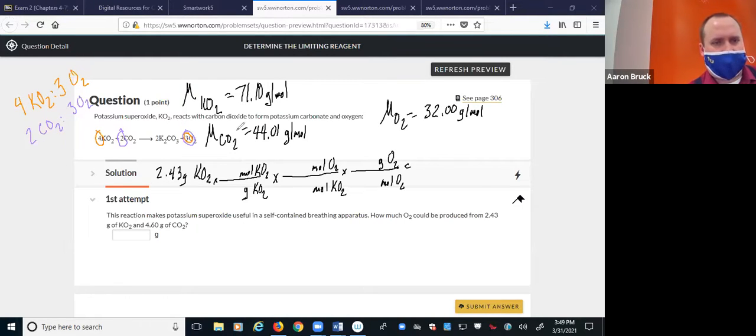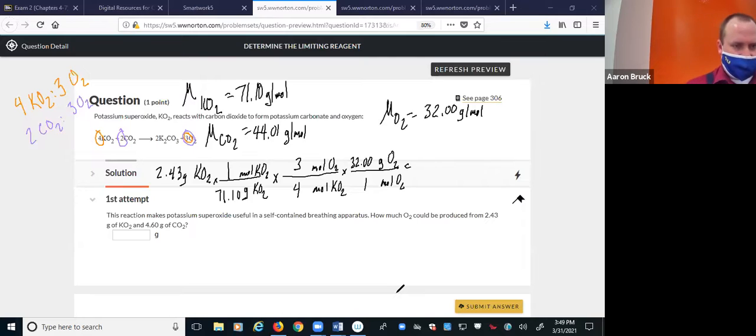Okay, now I've got to put the right numbers in the right places. 1 mole of KO2 is 71.10 grams. My ratio, 3 oxygens for every 4 KO2s. And there are 32.00 grams of oxygen in every mole.